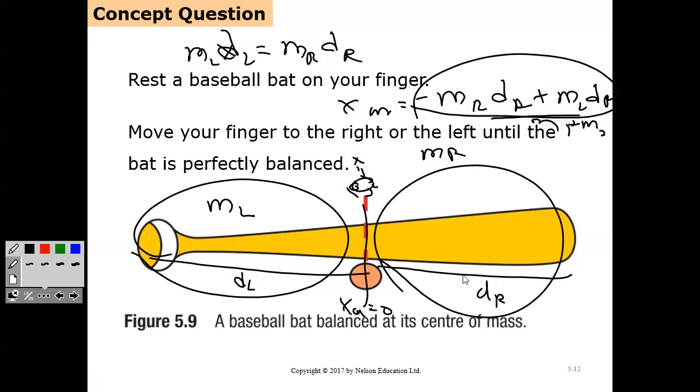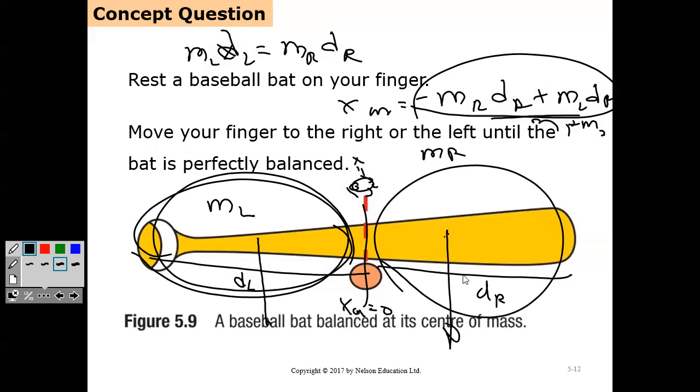It's balanced. How should we balance it if the masses are not equal on two sides? The weight on this side is at the center of mass of this portion, and the weight on the other side is at the center of mass of that portion.